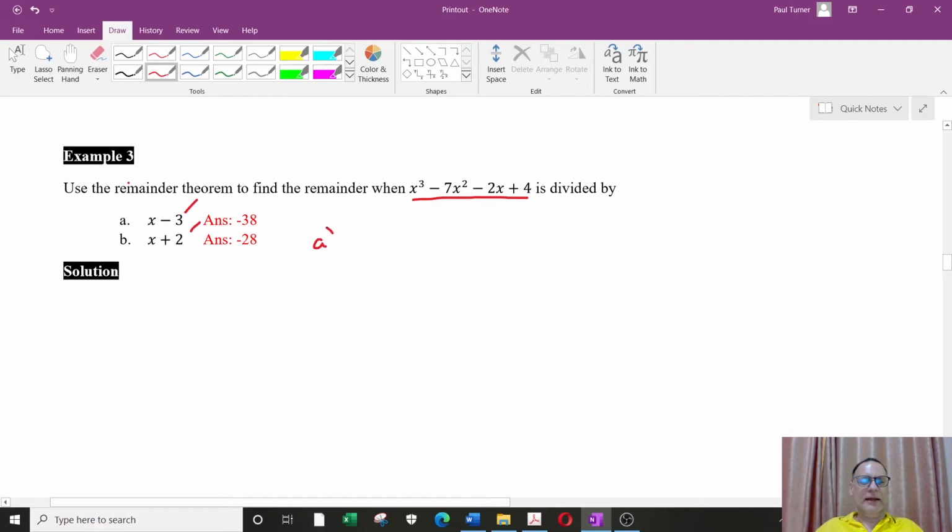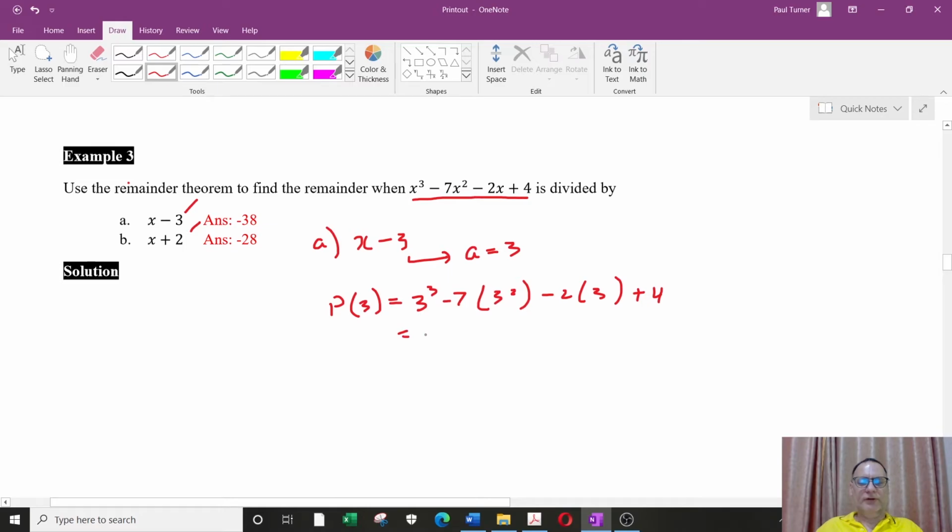So in part A, we've got x minus 3 as the divisor, which is telling us that the a value will be 3. This is the number you put into your polynomial. So P of 3, we evaluate that. We get 3 cubed minus 7 times 3 squared minus 2 times 3 plus 4.